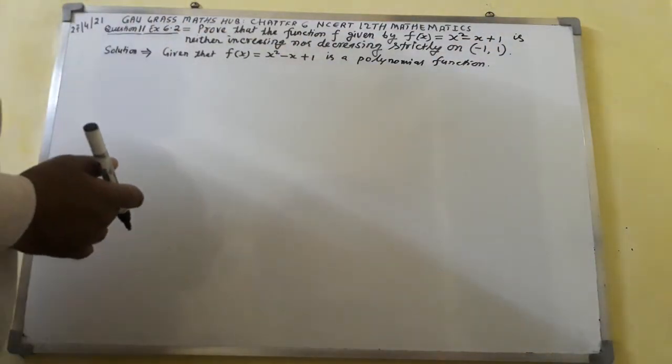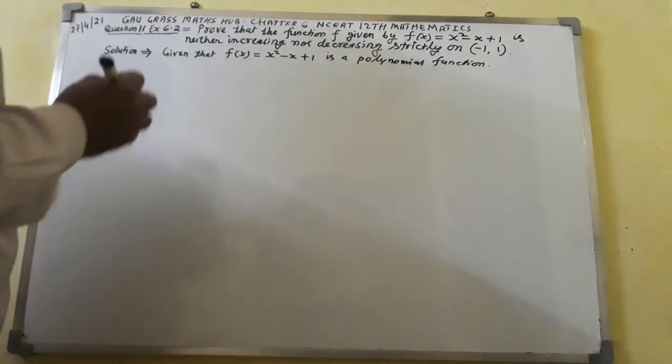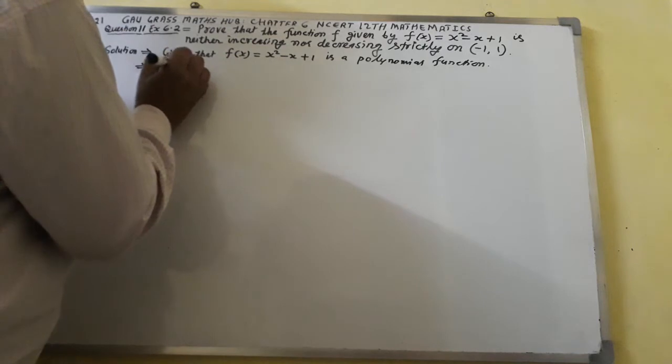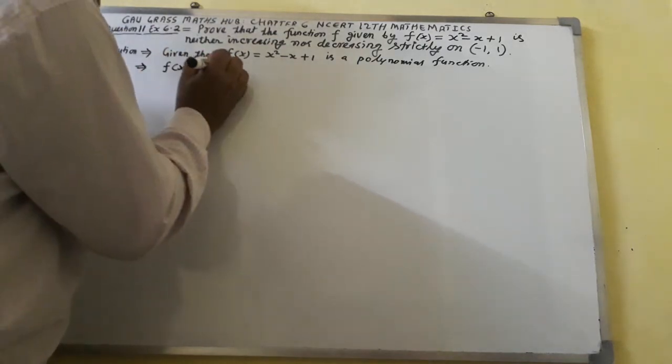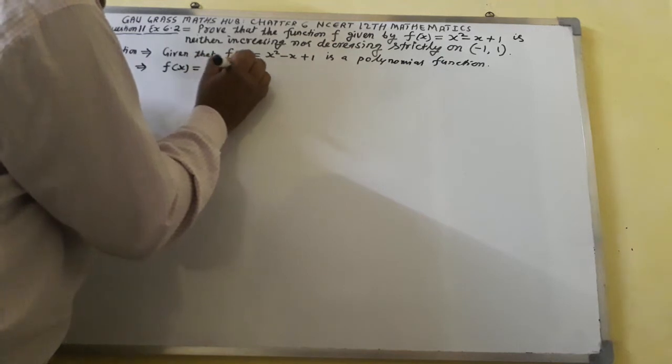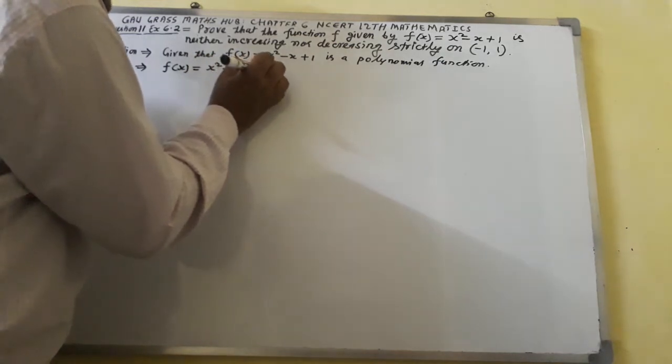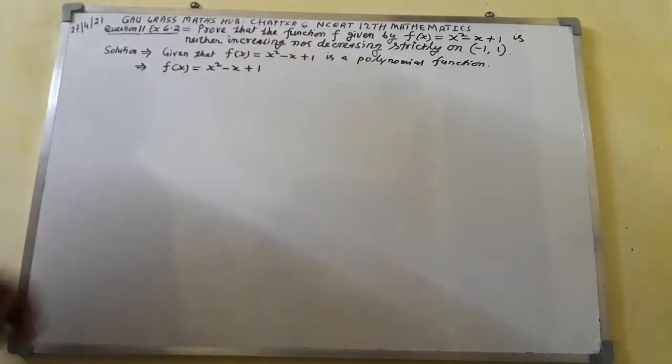So what we'll do in this case: again I shall write f(x) = x² − x + 1. This is the function.